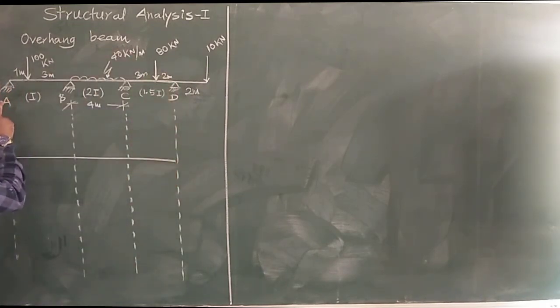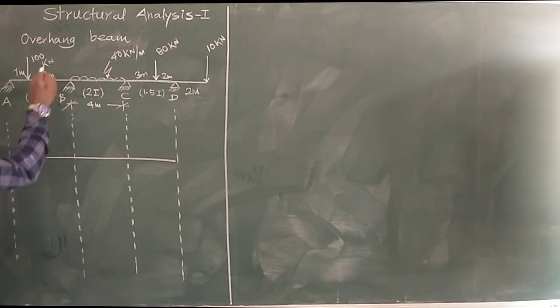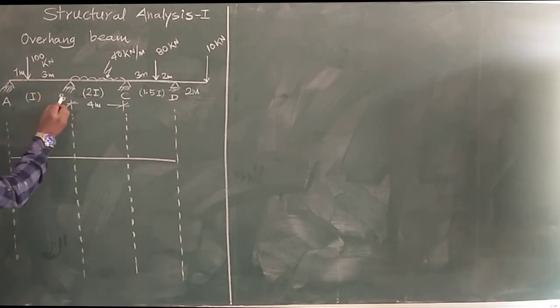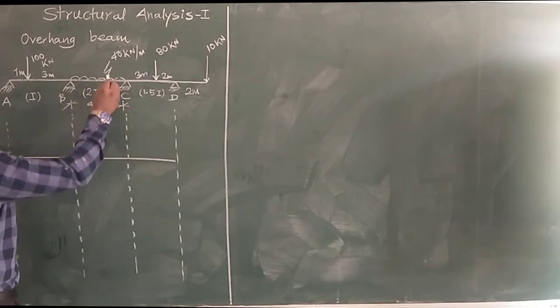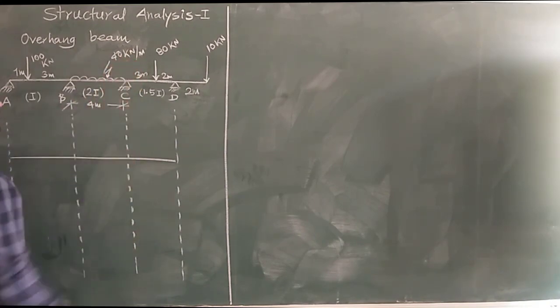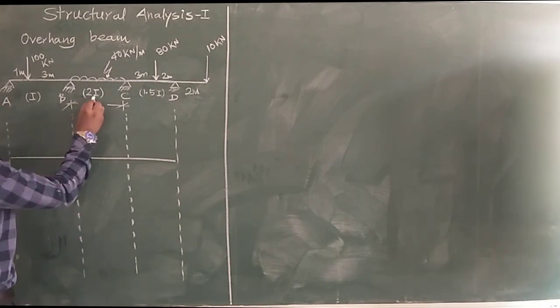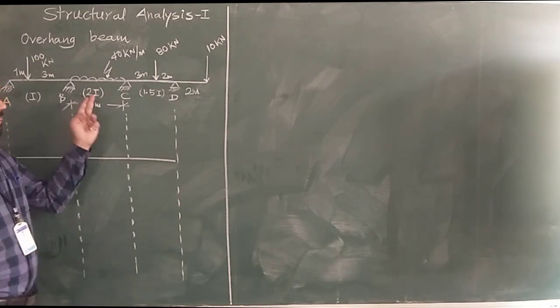Here, beam AB consists of a 100 kN eccentric load at a distance of 1 meter from A and 3 meter from B, having moment of inertia I. Then beam BC is carrying 40 kN per meter UDL over a span of 4 meter, having moment of inertia 2I.